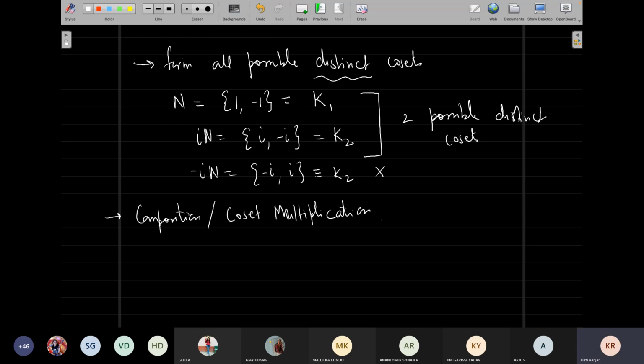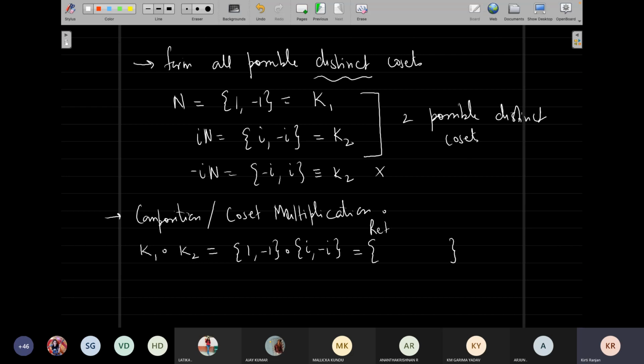I define a composition K1 composition K2, so I'm coming up with a binary operation. 1, minus 1 was my K1, i, minus i is my K2. So I will multiply all possible combinations: 1i, 1 minus i, minus 1i, minus 1 minus i.